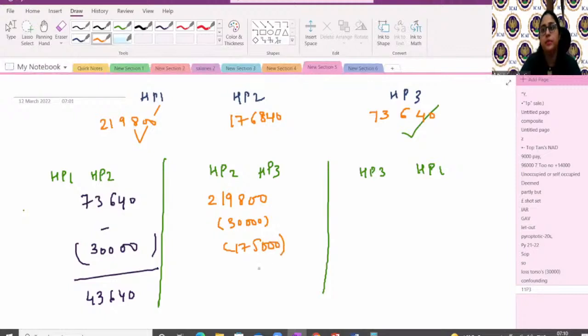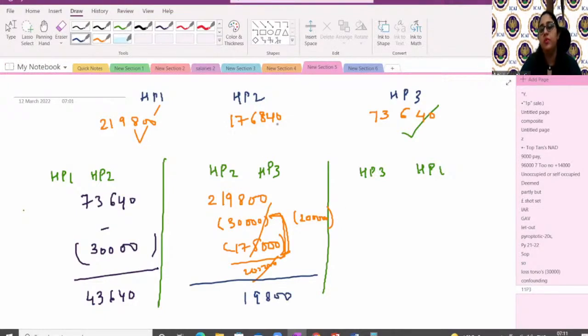Is this correct? No, because remember the total deduction for 2 self-occupied properties cannot be more than 2 lakhs. So this coming to 2,05,000 is not correct. So total 2 lakh, hence my net income from house property in this scenario is 19,800.